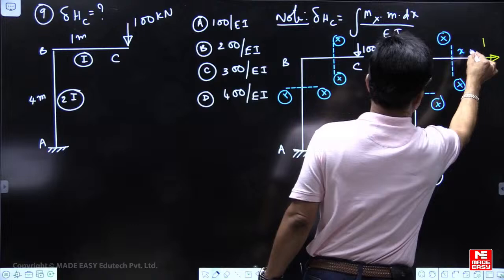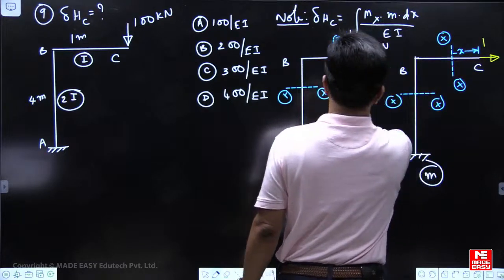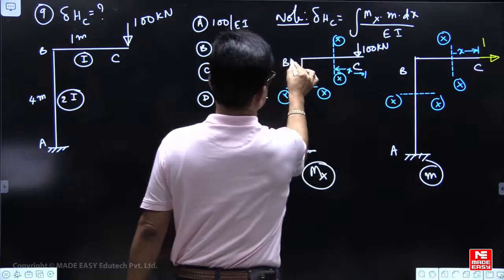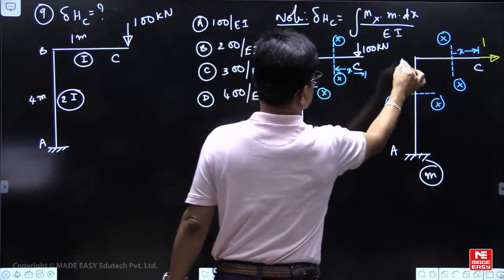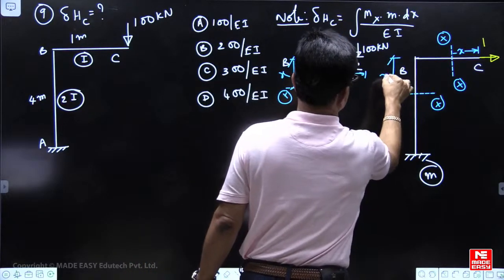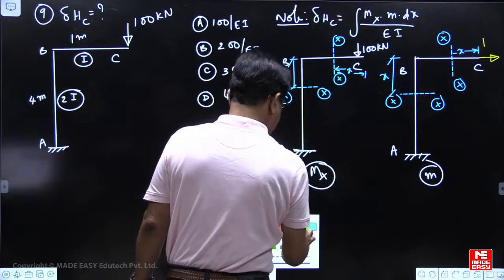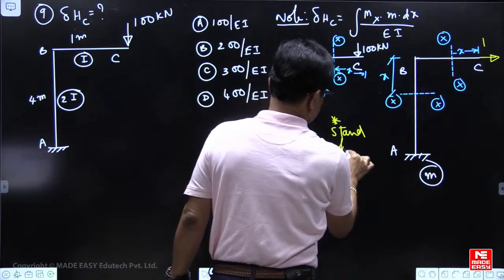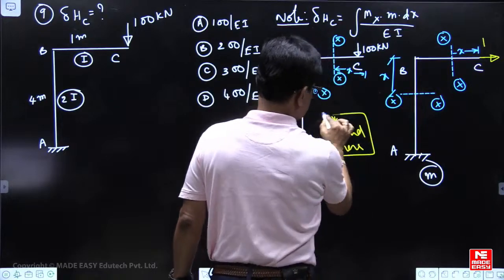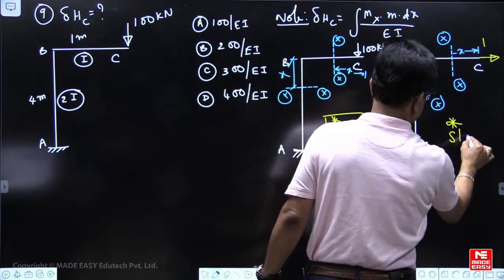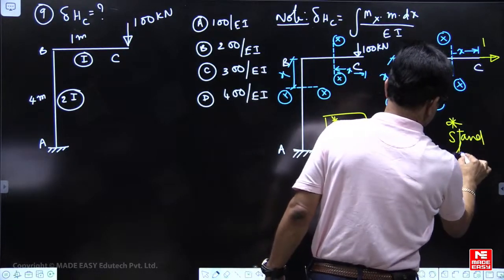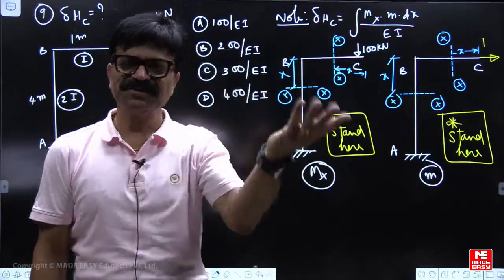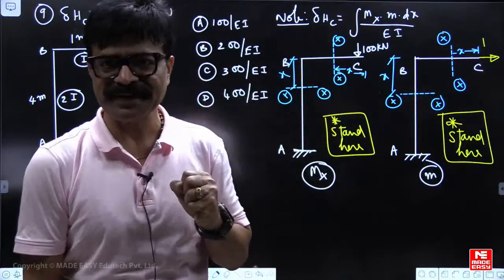This we are measuring from here, x distance. Then stand here. This is to ensure that you will recollect that chapter quickly.